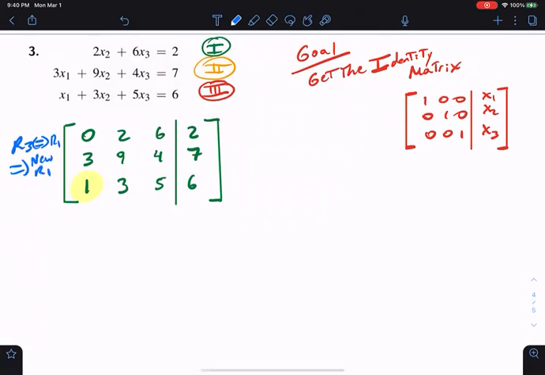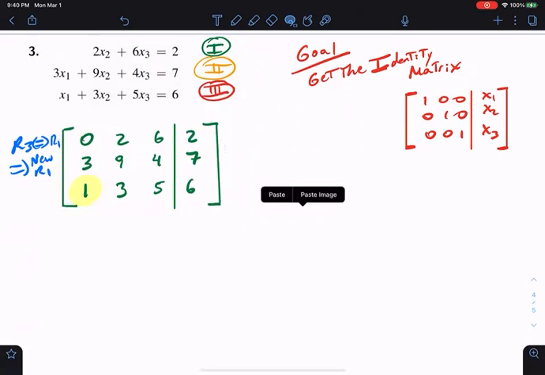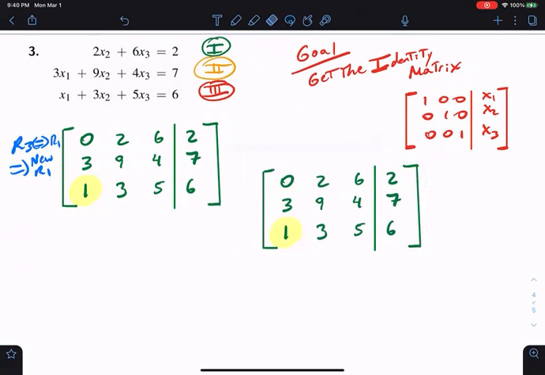That's the whole point of doing this. So row 3 and row 1 are changing spots. So we have 1, 3, 5, 6, and then we have 0, 2, 6, 2.